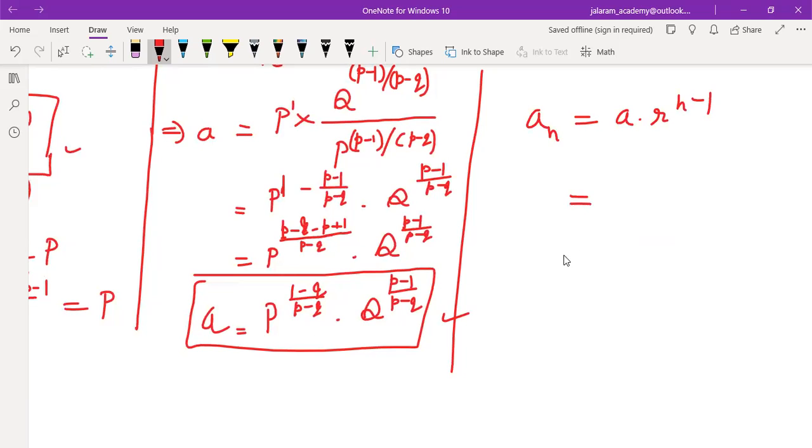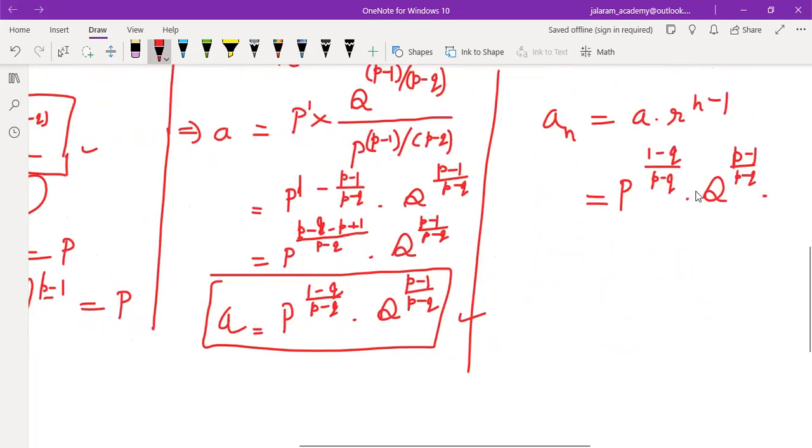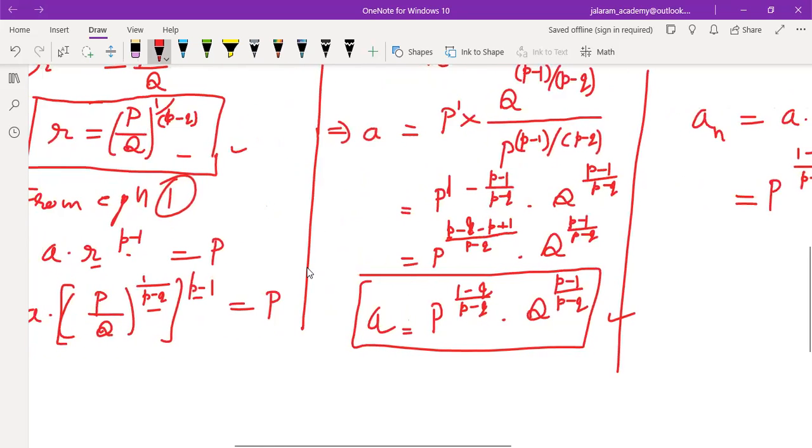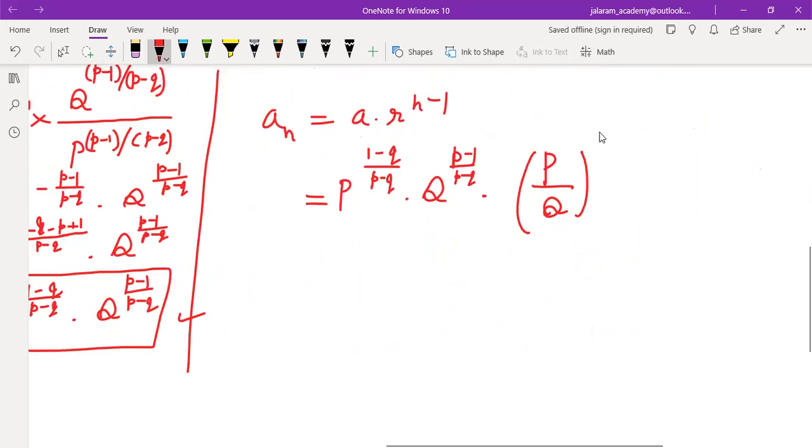Now the value of A is P to the power 1 minus q over p minus q into Q to the power p minus 1 upon p minus q into R to the power, R means P by Q, whole to the power 1 upon p minus q and whole to the power n minus 1.